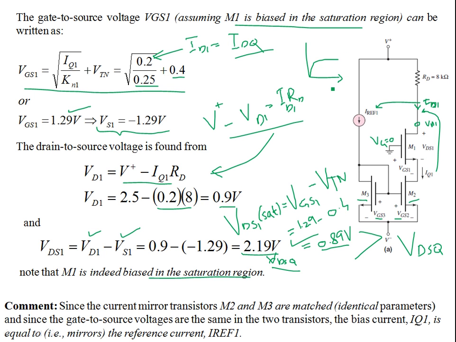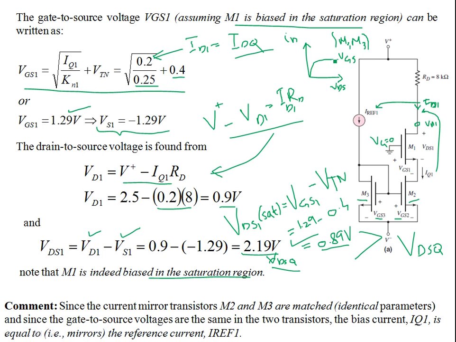You don't need to consider VDS here. Whatever VDS is, it's not going to affect the current ID in saturation. What affects ID is VGS, and VGS is tied together, so VGS is the same for M2 and M3.